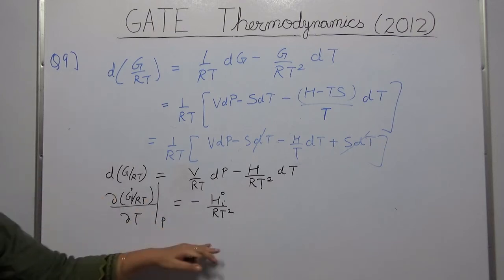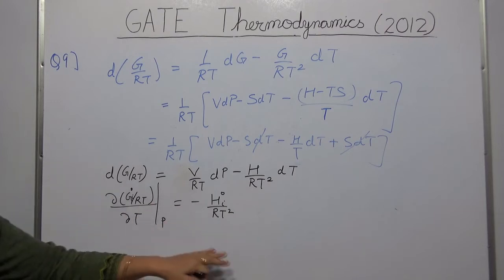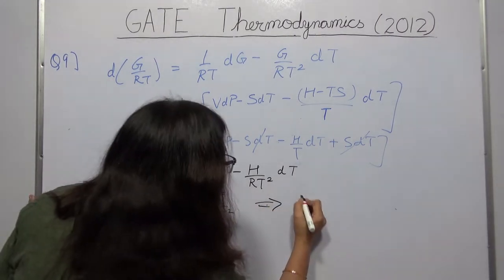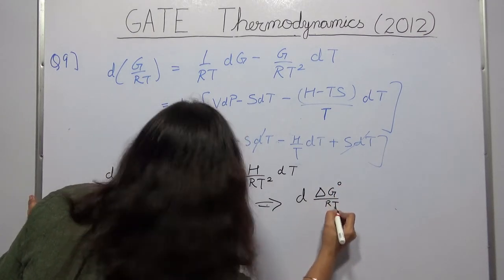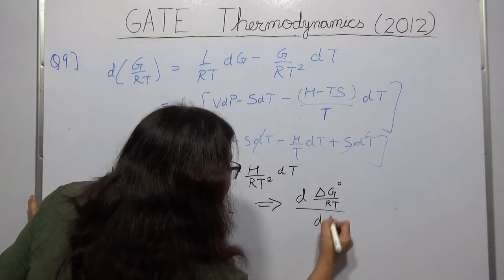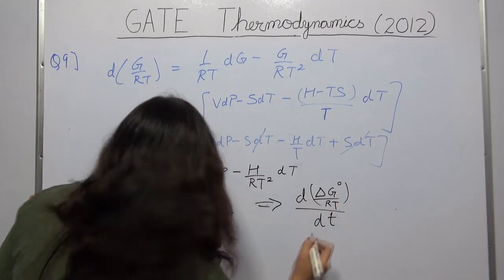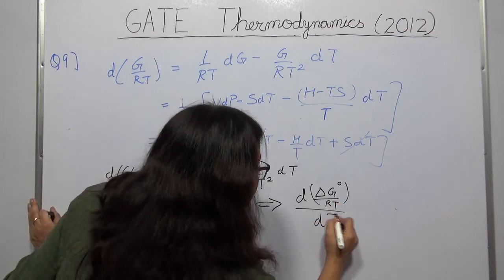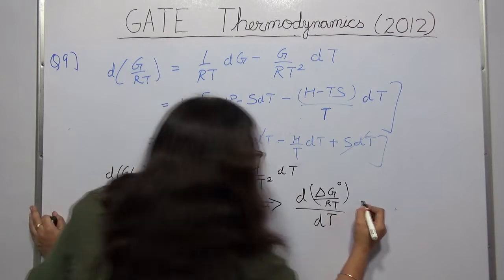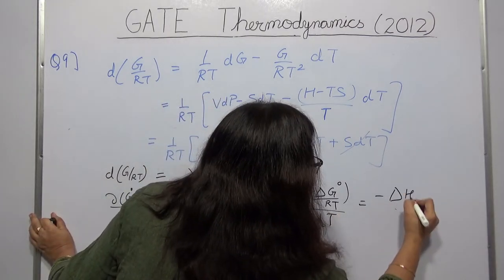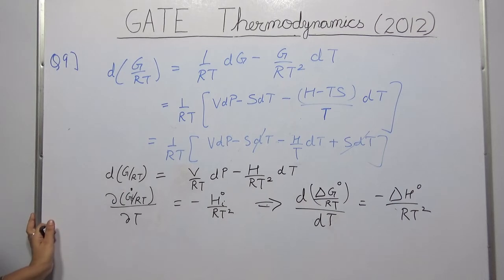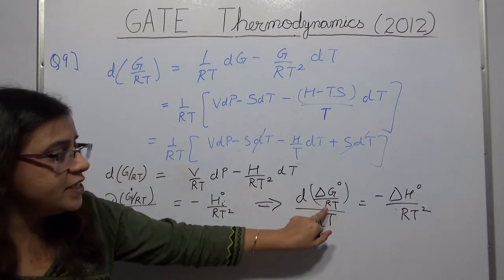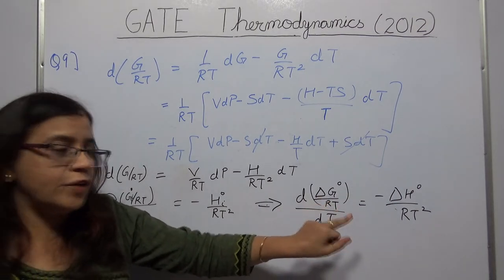If I multiply them with their corresponding stoichiometric coefficients and then add these equations, then d of delta G0 by RT, by dT, is equal to minus delta H0 by RT square. But we know that minus delta G0 by RT is equal to ln of K.